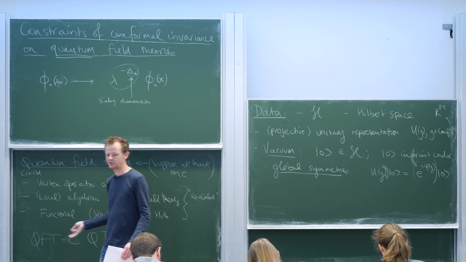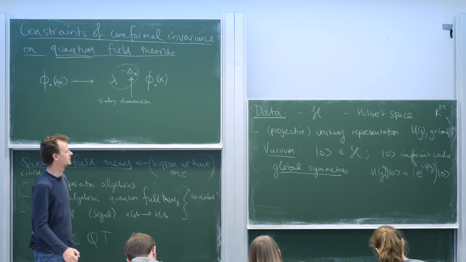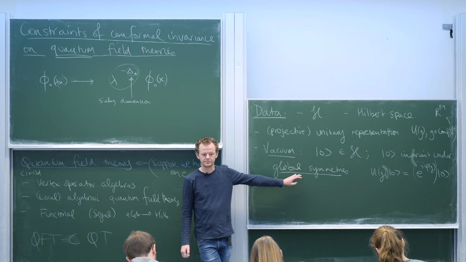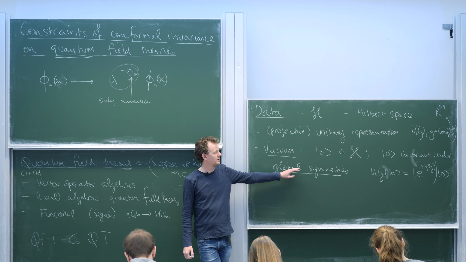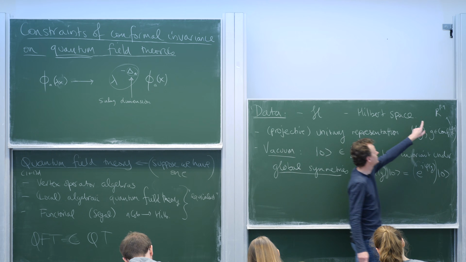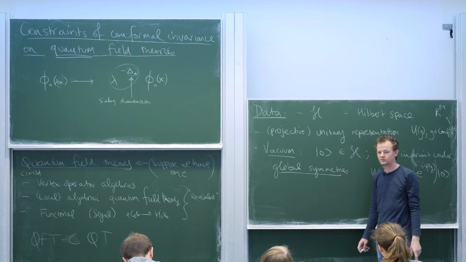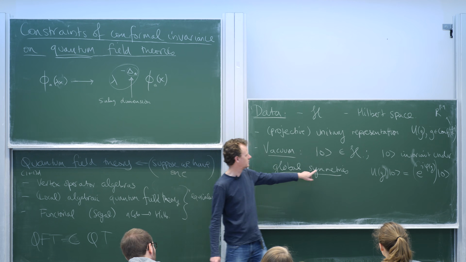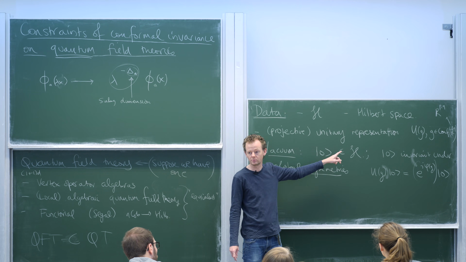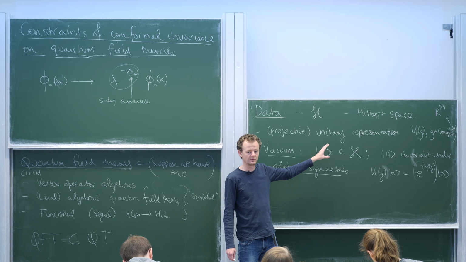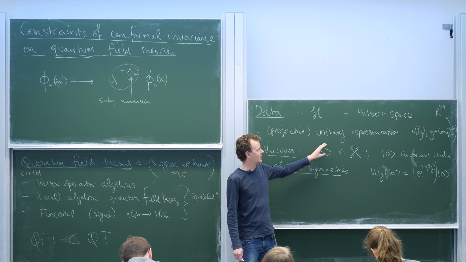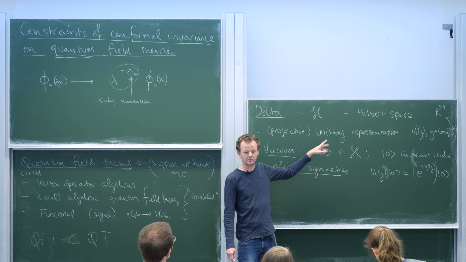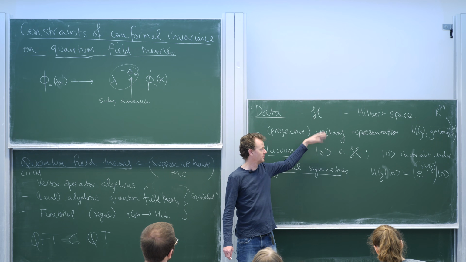Depending on the dimension, the global conformal group is a bit different to the local conformal group. If the dimension P plus Q is strictly bigger than 2, then they coincide. The global group of conformal symmetries is the same as the conformal group. That's something we've observed in the previous lectures. However, when P is 1 and Q is 1, then the conformal group becomes much bigger.